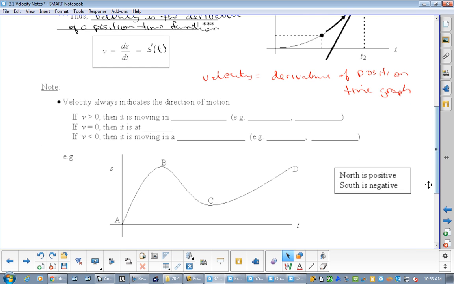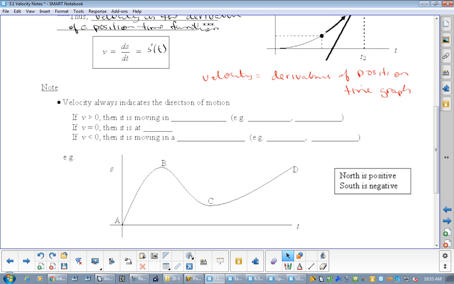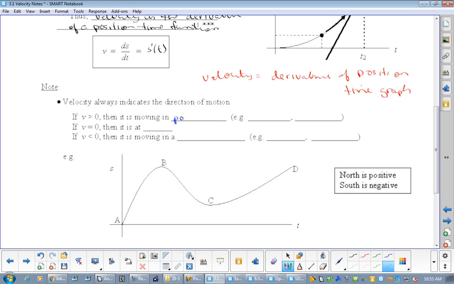If V is greater than 0, which is moving in a positive direction, so forward, upward.